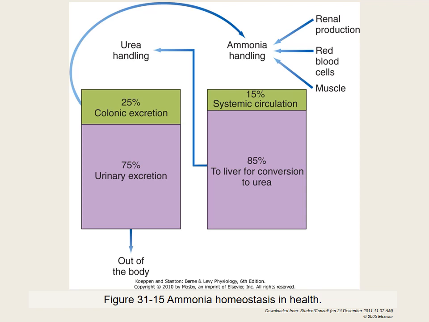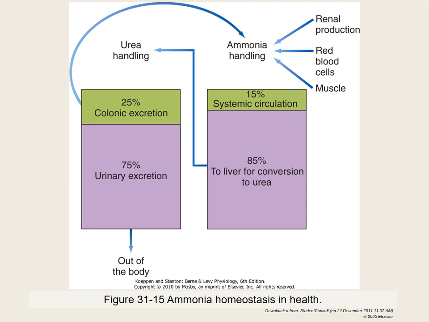So 25% by colonic excretion, 75% by urinary excretion. The liver for conversion of ammonia to urea. So renal production, red blood cells and muscle, they produce ammonia.